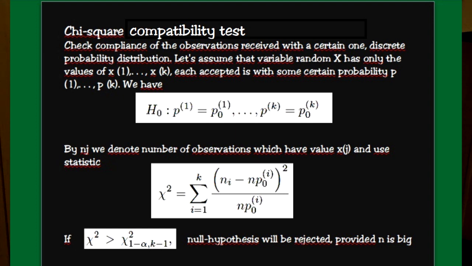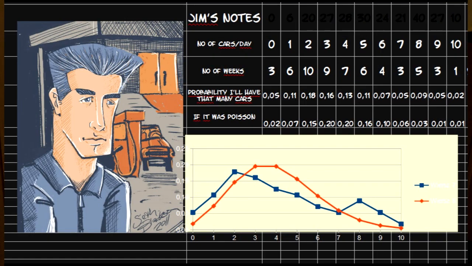We want to test the null hypothesis p1 equals p01, p2 equals p02, and so on, with given fixed p01 to p0k, and we want to check if this distribution is the same, identical, equal to the distribution we have obtained.